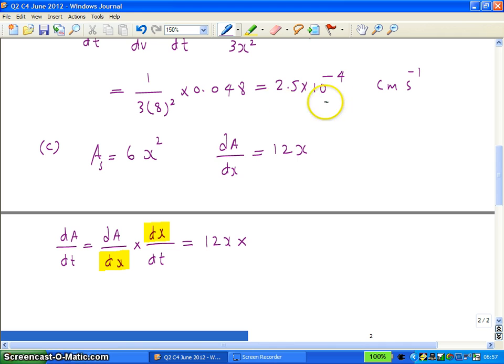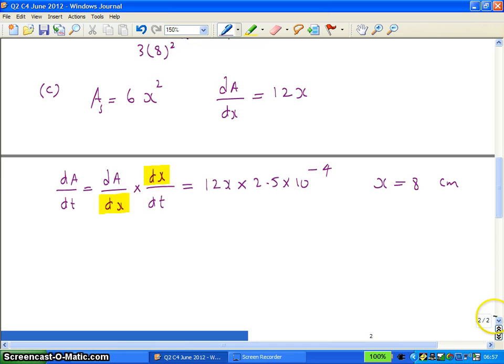That information we worked out in part B to be 2.5 times 10 to the power of minus 4. Again, we have to do this for when x is equal to 8 centimeters. So next thing to do is to substitute a value for x, times 2.5 times 10 to the power of minus 4.